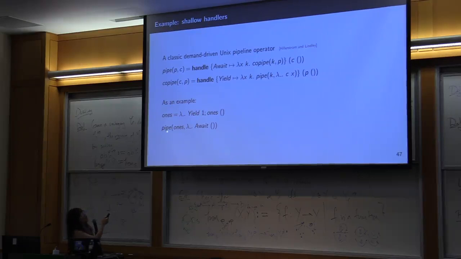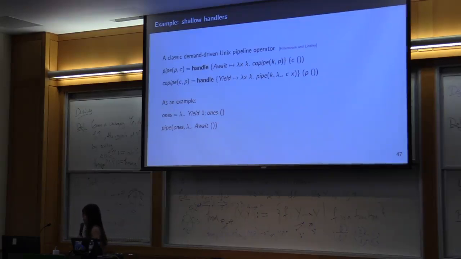Then you call the consumer with the producer ones, and the consumer just says, I will await a resource. You can run this program according to these definitions. When you await, you just get back a 1, and the whole program is just a 1. But you can await multiple times, because an infinite number of 1s will be produced by the producer.